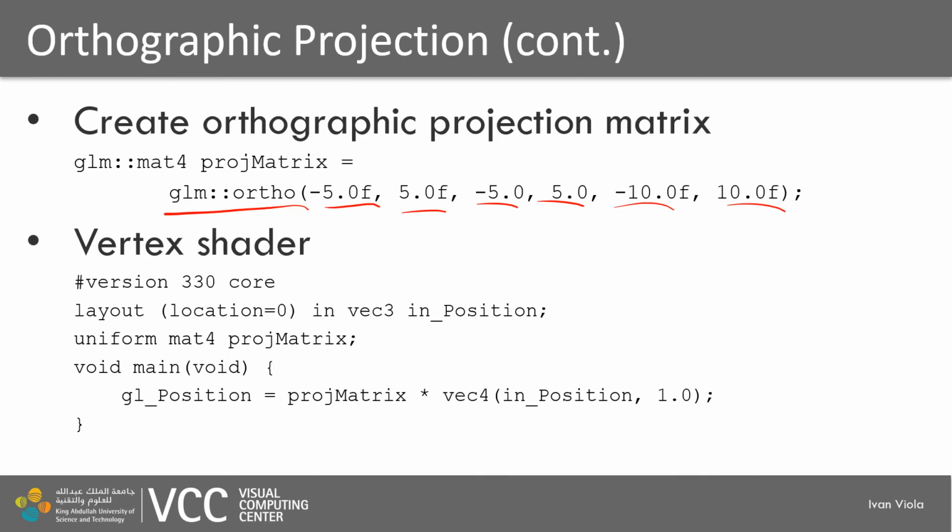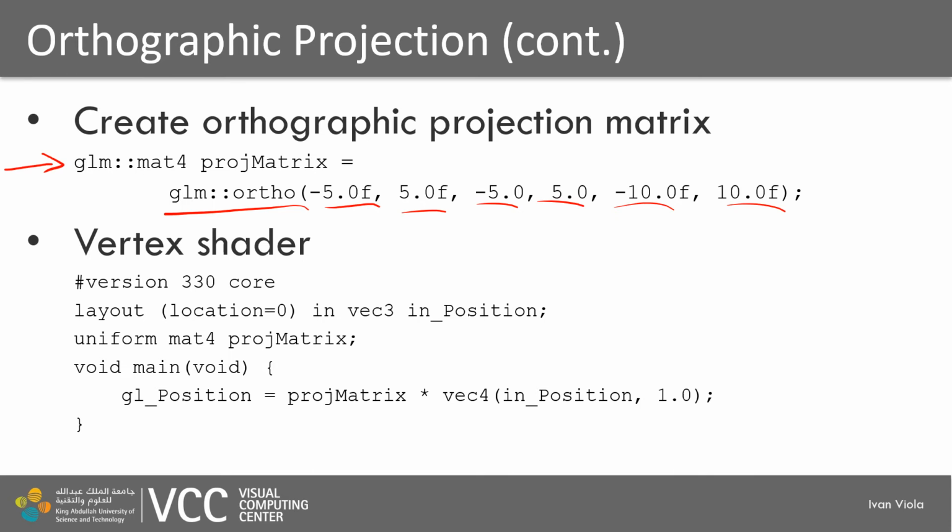So this is stored here on the host side, and also we will be having a variable with the same name, but it doesn't need to be the same name, used in the vertex shader.